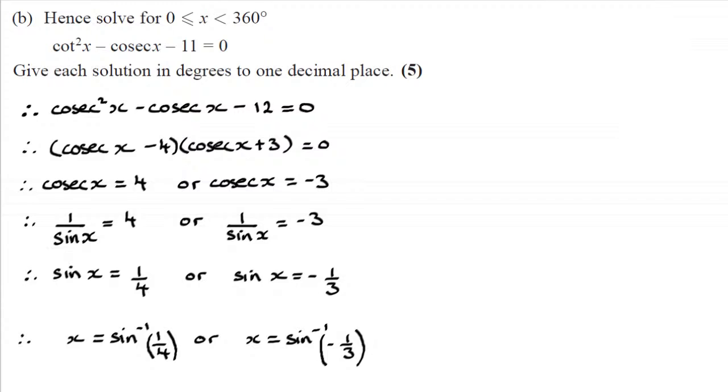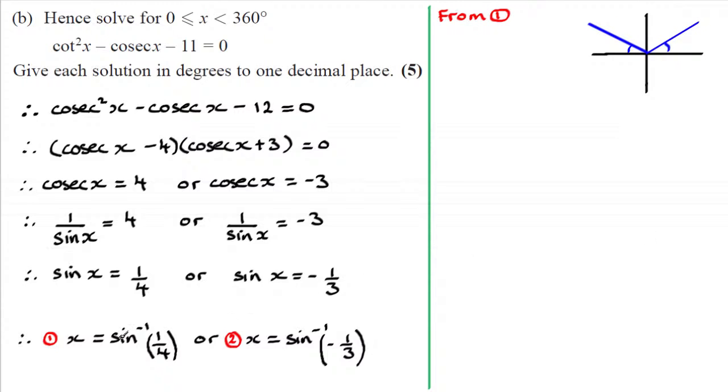Okay, so let's take, we'll number these 1 and 2, and make it easier with the space that I've got here. And we're going to look at number 1. I tend to work out solutions by the quadrant method. That's up to you. I find it a lot easier, quicker than drawing a graph, okay? So if you're familiar with the quadrant method, sine is positive in the first quadrant and the second quadrant.